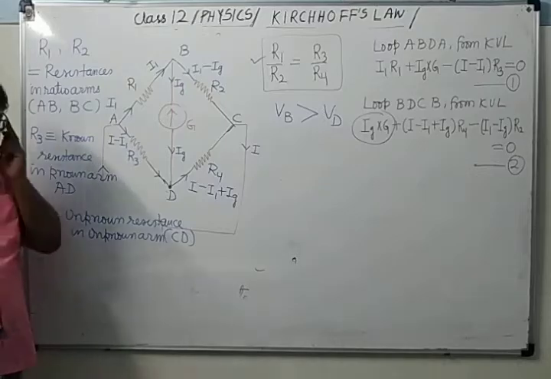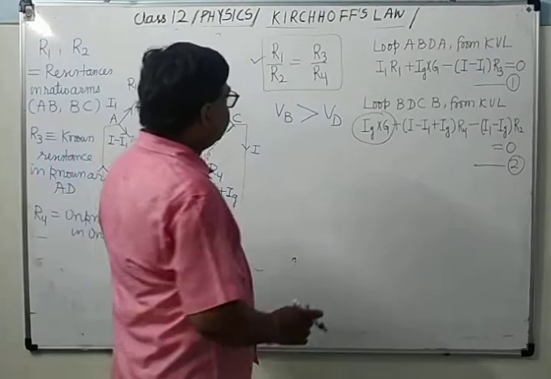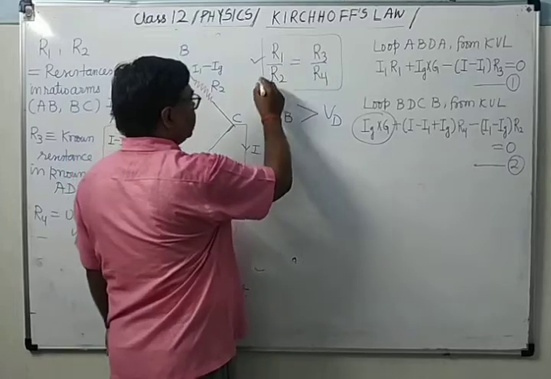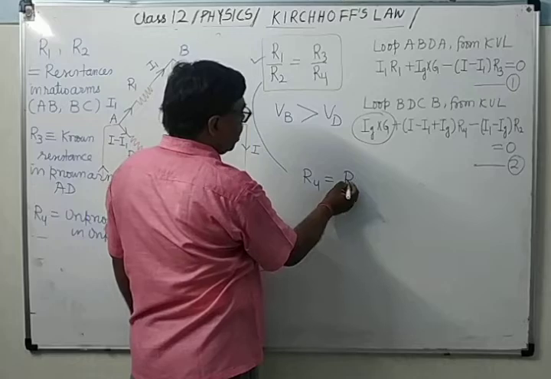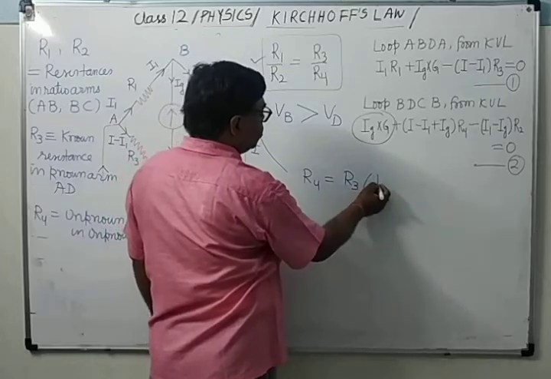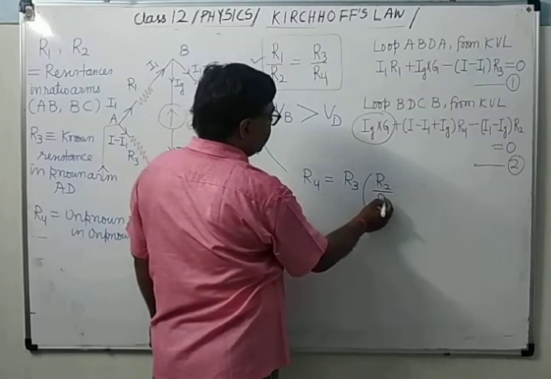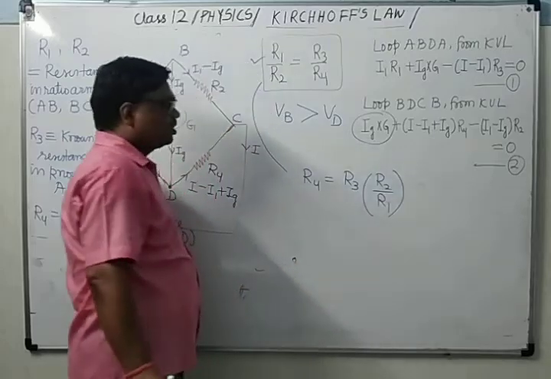Now see here. If you find out R4 from this equation, what will be R4? R4 will be equal to R3 into R2 upon R1. It's clear?